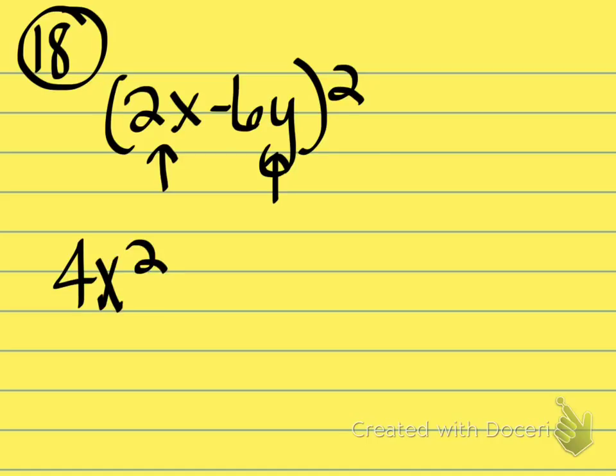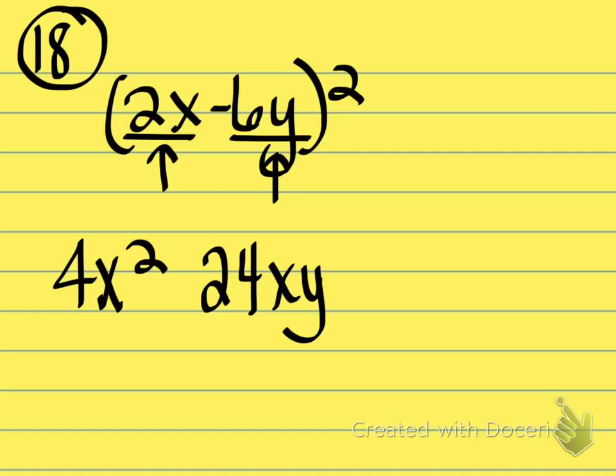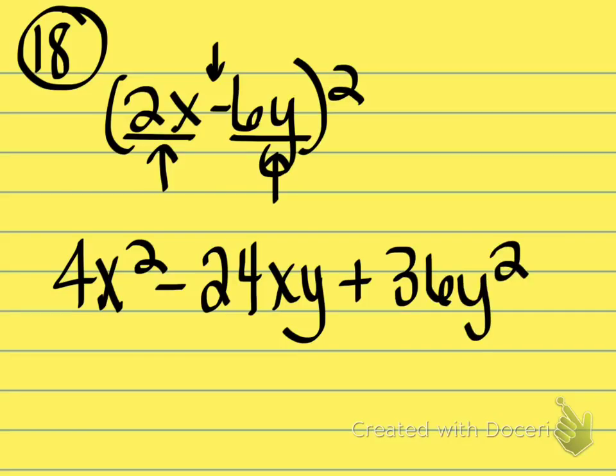My middle term is going to be 2x times 6y, which is 12xy. And when I double that, I'm going to get 24xy. And I know my sign's going to be negative because this one's a subtraction. And then my last term, I know I just square the last term here. So I have 6y times 6y is 36y squared. So that's my final answer.